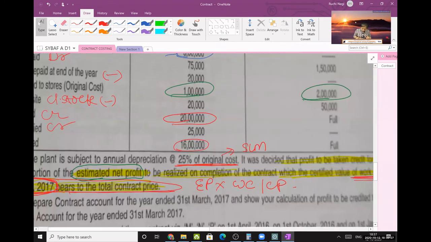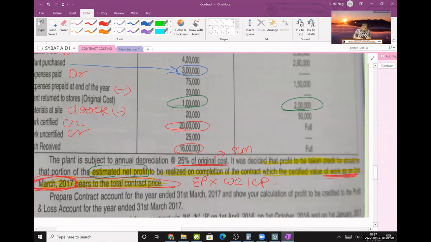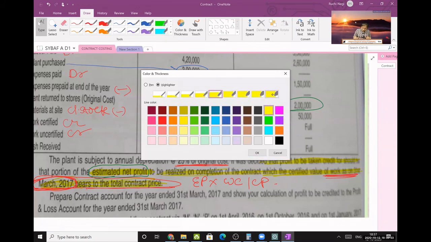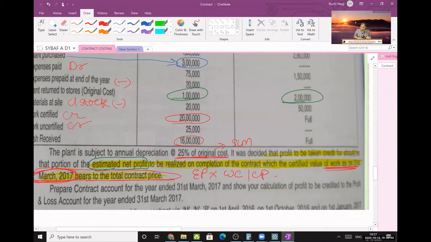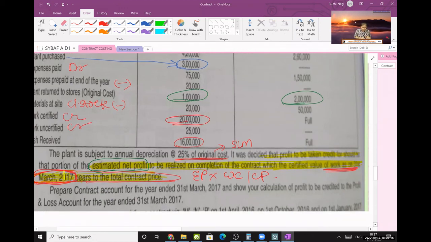See the last part of the question. Estimated net profit to be realized on completion of contract, which is certified value of work as on 31st March 2017, bears to the total contract price.